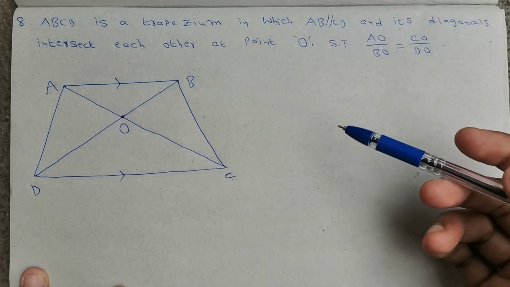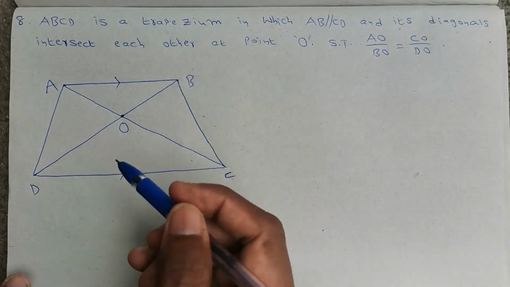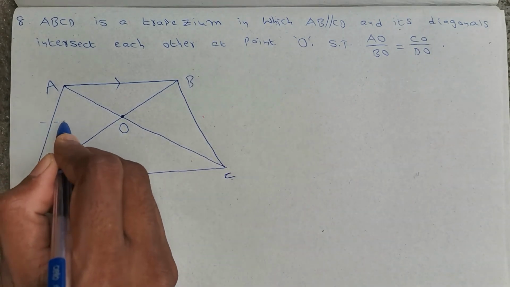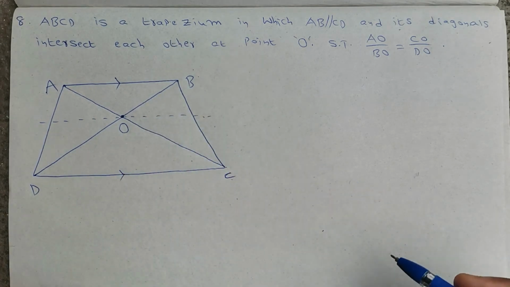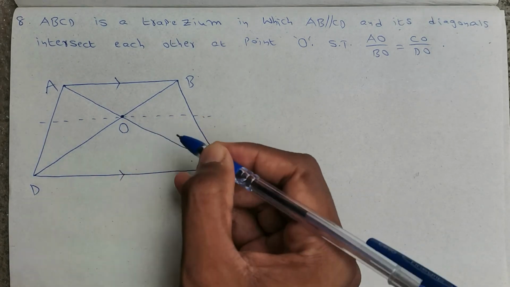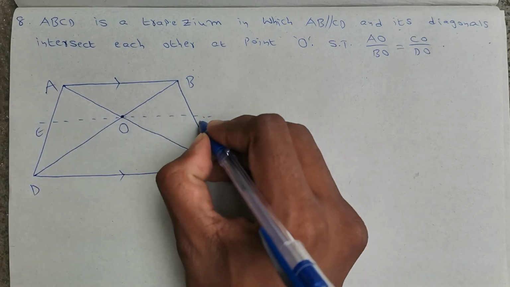So first what I will do, I will take one imaginary line which is passing through the point of intersection of diagonals. I will write some point E here and some point F here.